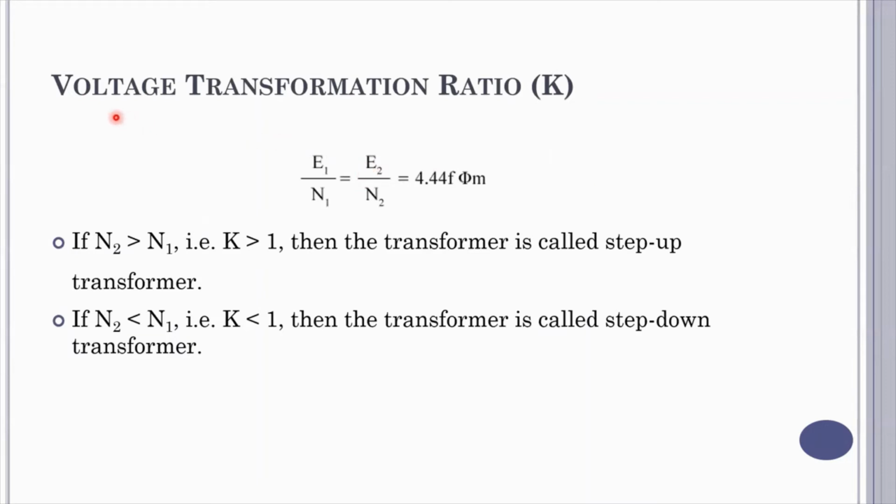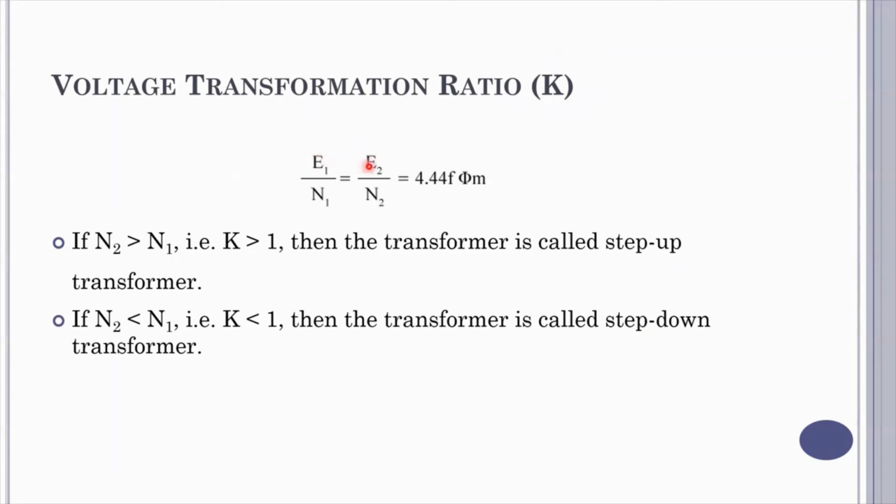Now let me introduce you to a constant, which is the voltage transformation ratio, K. Based on this value K, we categorize the transformer as a step-up transformer or a step-down transformer. A step-up transformer is one where E2 is greater than E1.